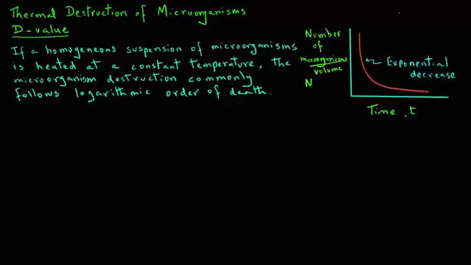Note that this is an exponential decrease, and we also call it a survivor curve because the points on this curve represent survivors at any time when that suspension is being heated at a constant temperature.